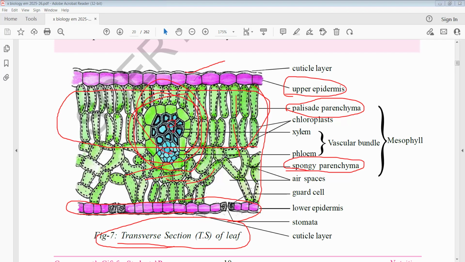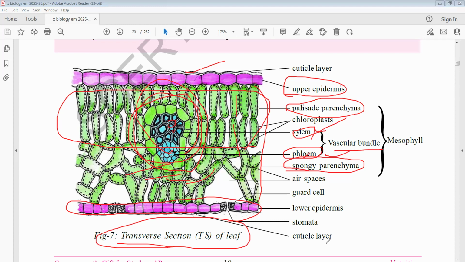You know already that xylem conducts water and minerals from roots to the upper parts of the plant body. Phloem helps to transport food material from leaves to other parts of the plant body. So xylem for water, phloem for food. Both together are present in a ring called the vascular bundle.